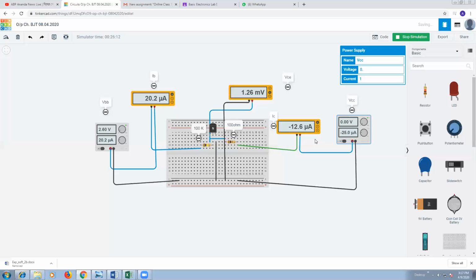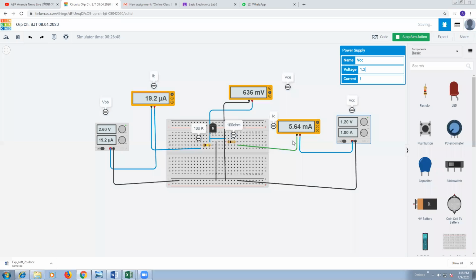Similarly for 0.8, VCE is 238 millivolt and IC is 5.62 milliampere. Then for 1, IC is 5.64 and VCE is 436 millivolt. Then I keep 1.2, and I can see IC is 5.64 here, and for 1 also IC is 5.64.